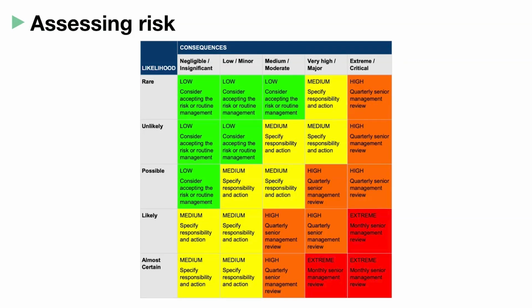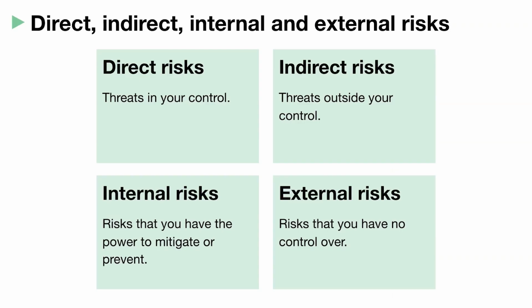You may want to think about how you would categorise natural and man-made risks relevant to your business. We can also categorise risk based on direct, indirect, internal and external risks. This helps you think about how you can respond to the disasters.